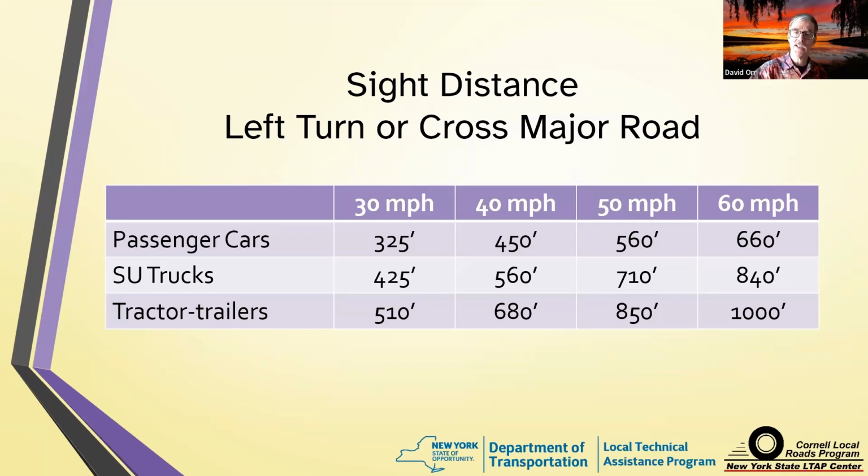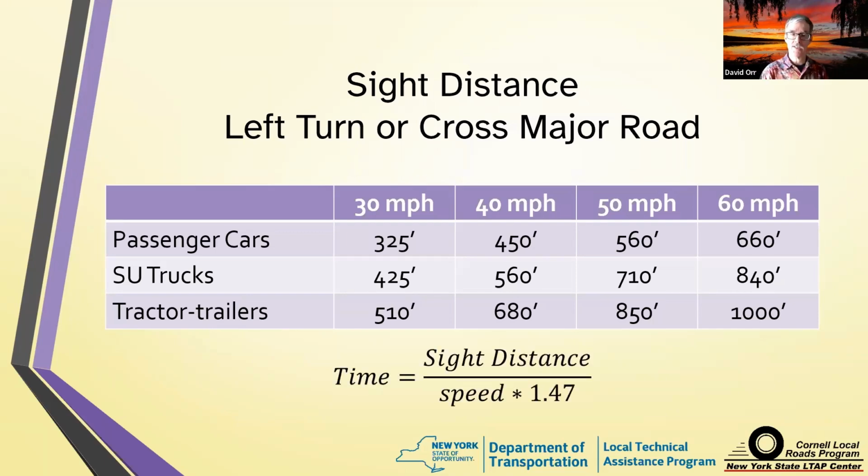Now, let's look at this in a different way. Let's look at the distance the vehicle coming down the road will travel. Not the vehicle coming out, but the vehicle coming to the intersection. So now let's look at this from a time standpoint. How much time does it take before they get to the intersection?